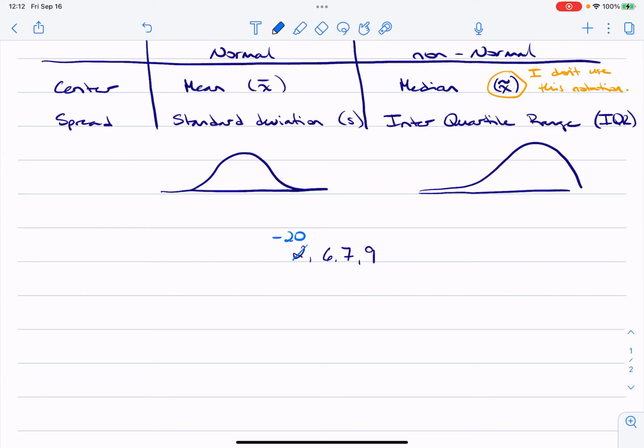It doesn't change the number of values, right? But now all of a sudden my sum is going to be shifted towards that -20, right? And so what we find is that the mean, the average that we're talking about, is always pulled towards outliers. Okay?